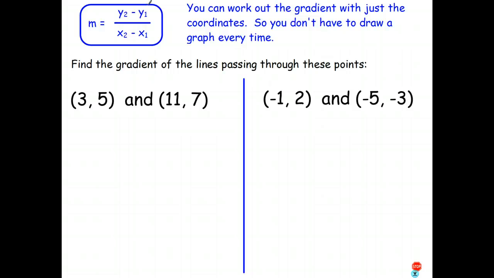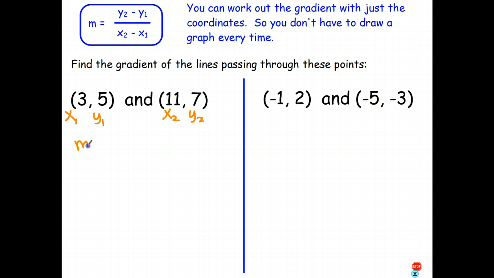Sometimes it doesn't make any difference. In this case, it's fairly obvious that if I make this one x2 and y2, those numbers are larger, so the coordinates of that point are x1 and y1. So step 1: identify point 1 and point 2, and write the general coordinates underneath the numbers.